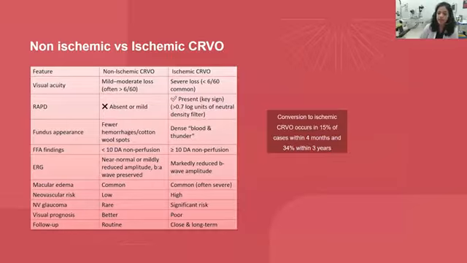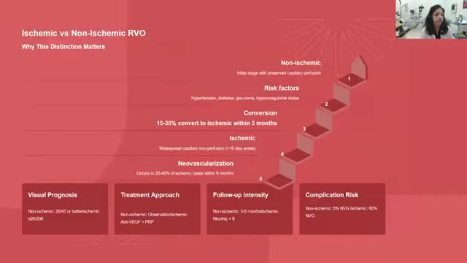So again, why this distinction matters: in the initial stage, there's preserved capillary perfusion in a non-ischemic condition, and due to multiple risk factors the conversion rate is 15 to 30% within 3 months. There's widespread capillary non-perfusion in ischemia, which can lead to occurrence of neovascularization in 20 to 40% of the cases within 6 months. So visual prognosis is better in non-ischemic.